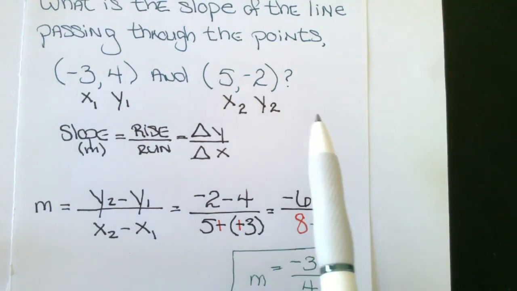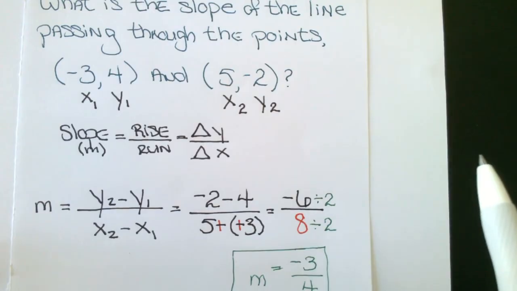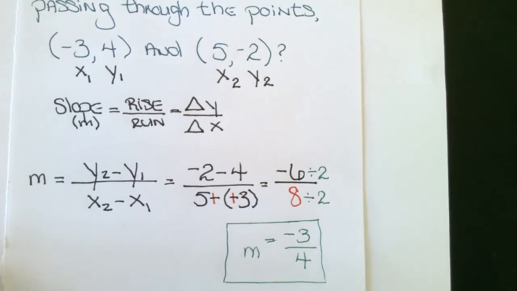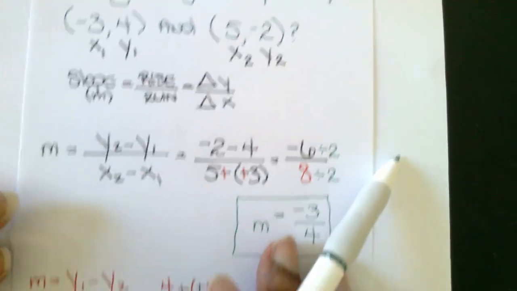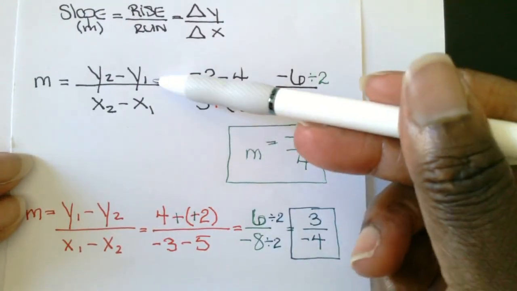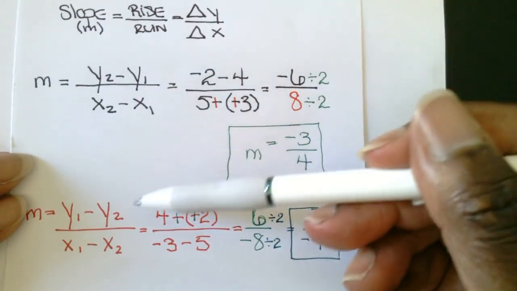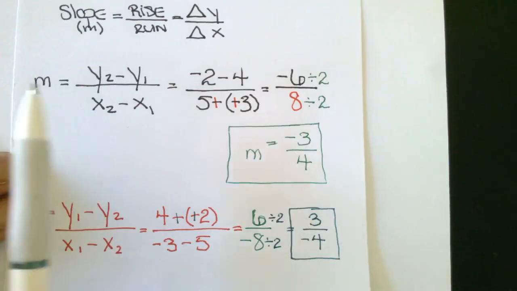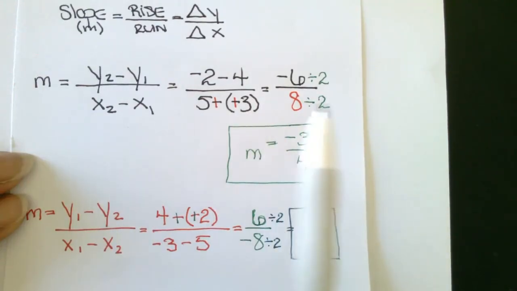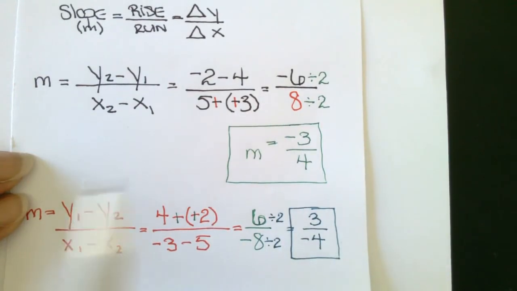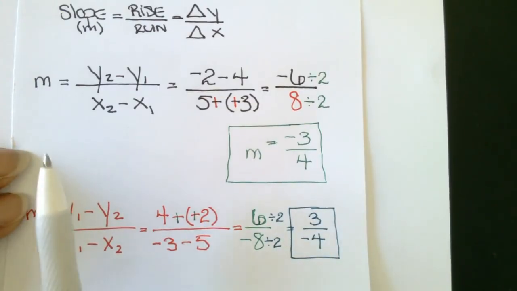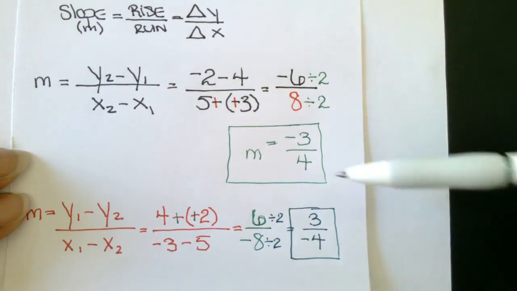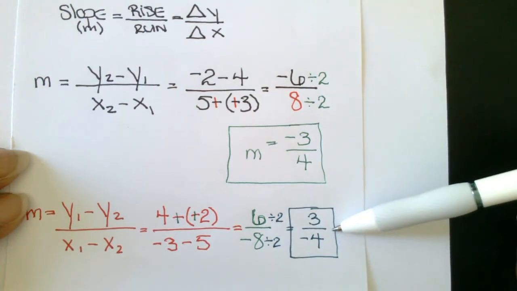I don't know why, but it always happens. So I tell my students, as long as you know that the y's are in the numerator on top, and the x's are in the denominator, as long as you keep the same rhythm, you're going to get the same answer.